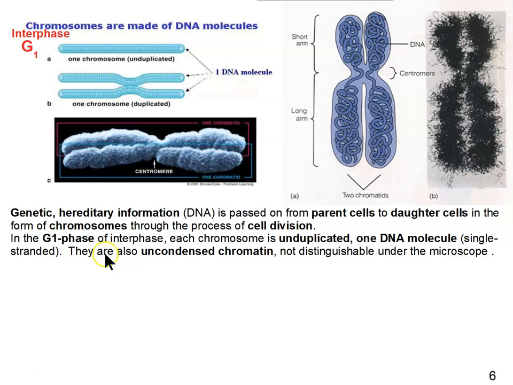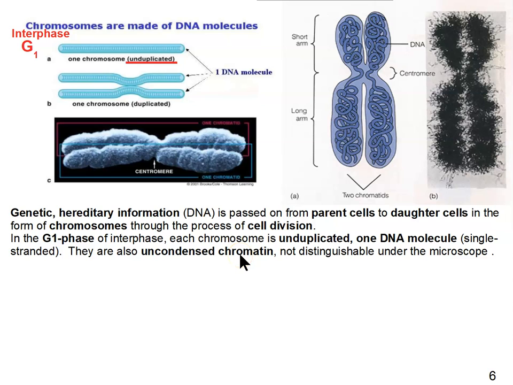And the other thing here is that not only is it unduplicated, just one molecule, but it's also uncondensed chromatin. And hopefully you remember back when we were studying cell structure and function, what we labeled on the inside of the nucleus of the cell was chromatin.